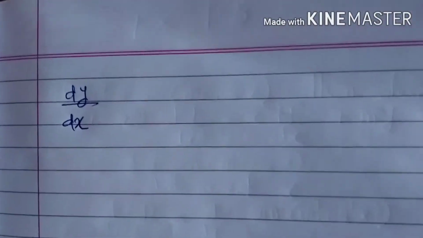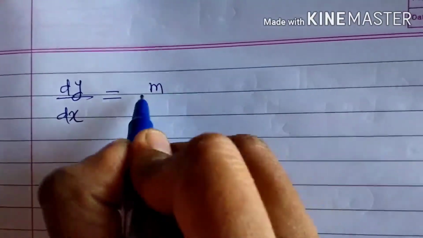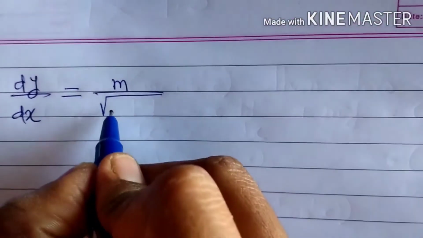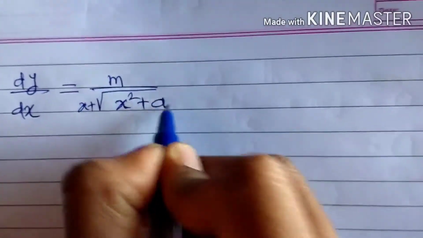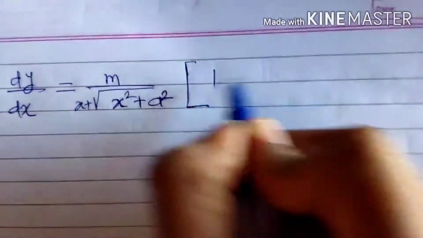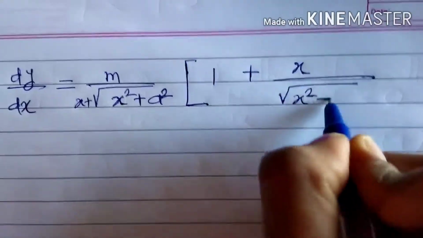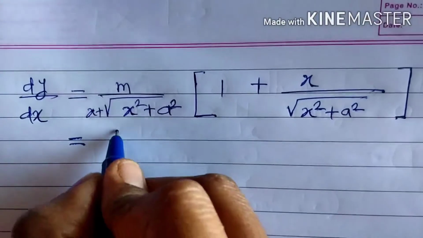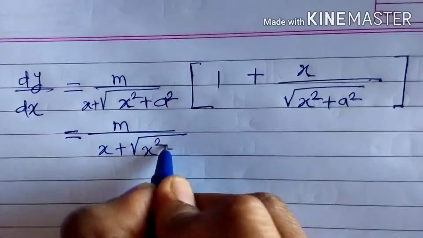So we get dy upon dx which is equal to m upon x plus under root of x square plus a square into 1 plus x upon under root of x square plus a square, which is equal to m upon under root of x square plus a square.